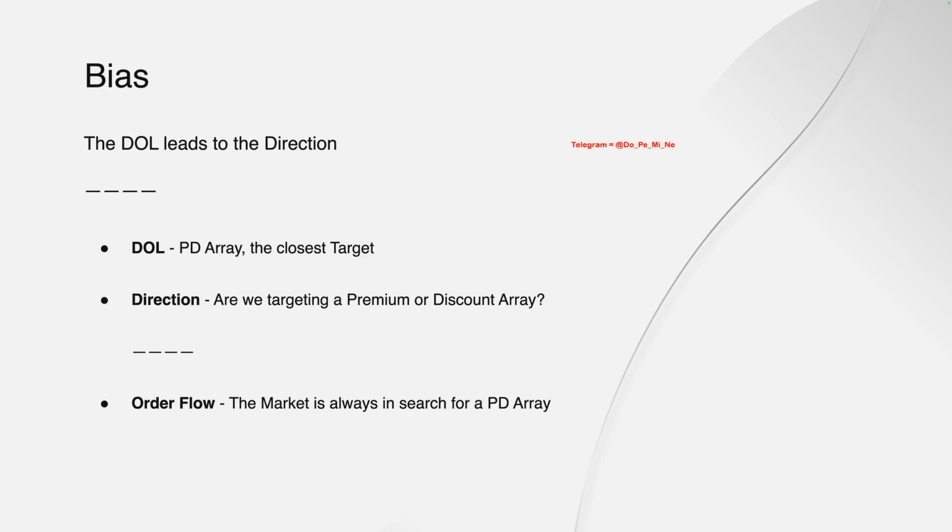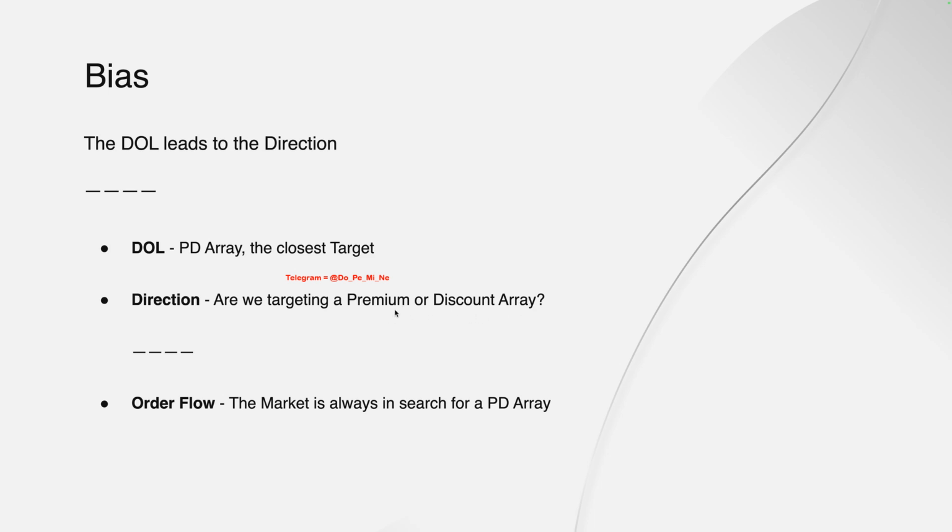Now, when you have a target, the direction is simply said when we are talking about bullish or bearish. The drawn liquidity right here is the PD array, the closest target. So the closest target, meaning what are we essentially aiming for? What is the first PD array, the premium or discount array, that we are aiming for? Are we targeting a premium or discount array?